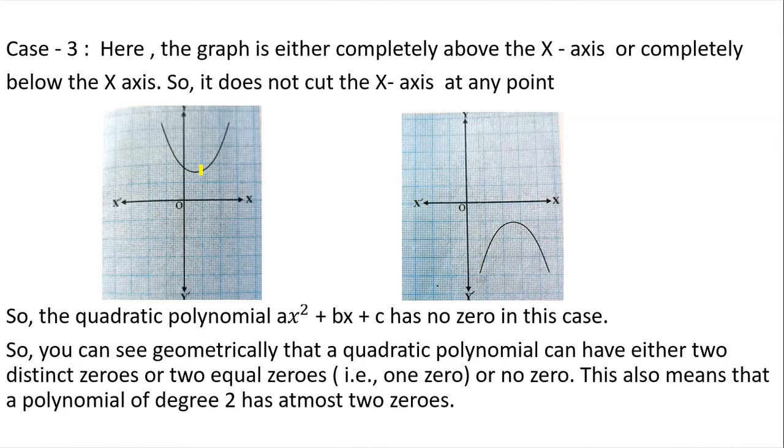So, what we are saying is that a quadratic equation has the highest degree of 2, so it can have at most 2 zeros. That is, it has either 2 distinct zeros, 2 equal zeros that is 1 zero, or no zero. So, there are 3 cases, and it may vary depending upon the equation given.